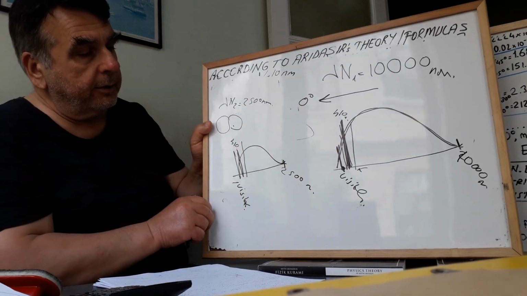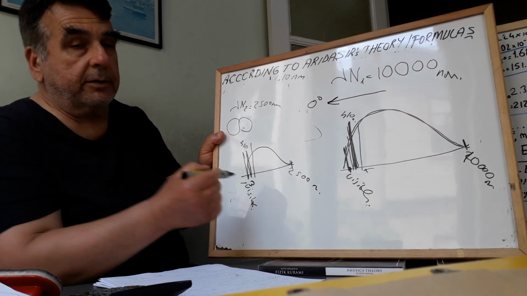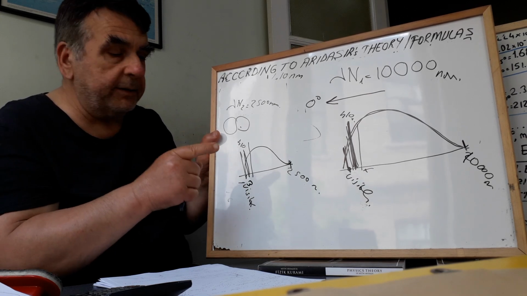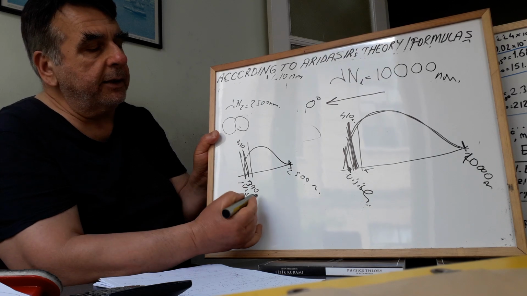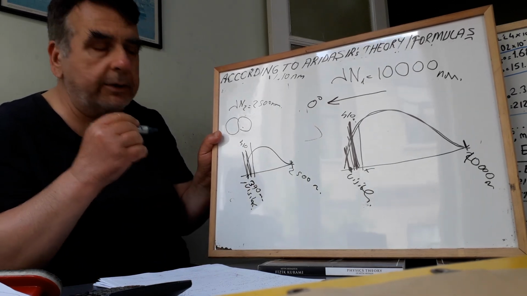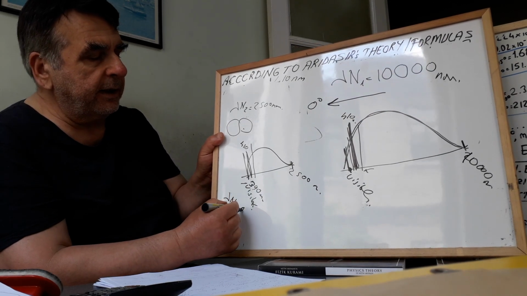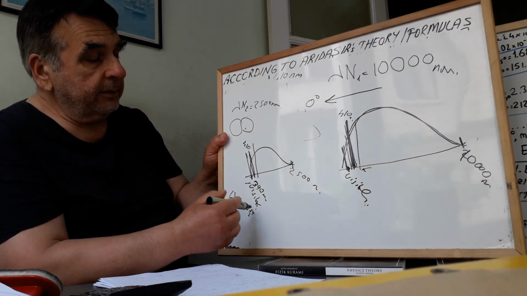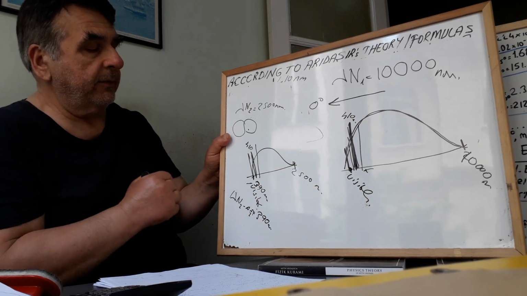Now we will think of. This means my same formulas, my same method I will apply now. 390 nanometer is shortened wavelength. Okay. Lambda normal 2 minus delta lambda is 390 nanometer.